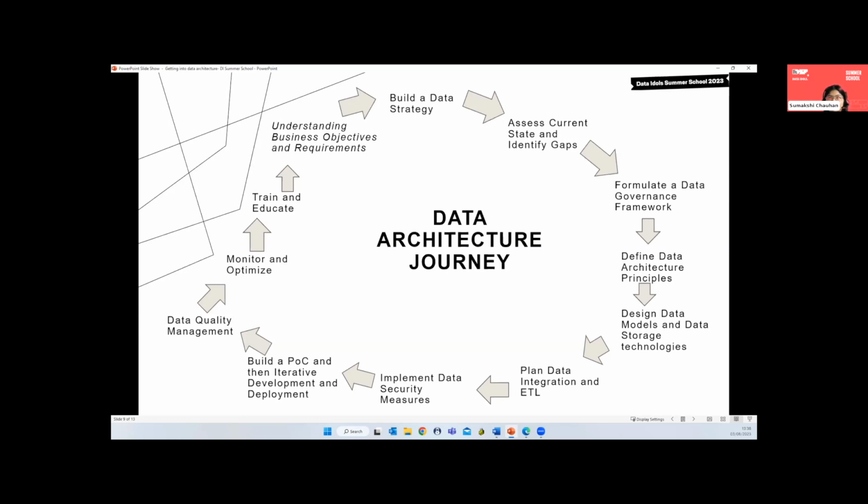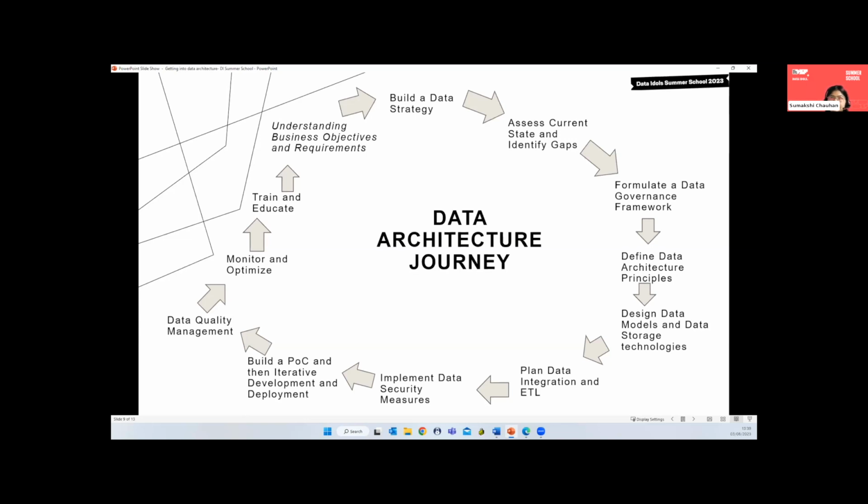And one thing that we need to take care of is that as the organization is growing, as the data needs are changing, as the organization is bringing on new projects, expanding its horizons, we need to be sure that the data architecture that we designed can be evolved and can be scaled to meet those new requirements.